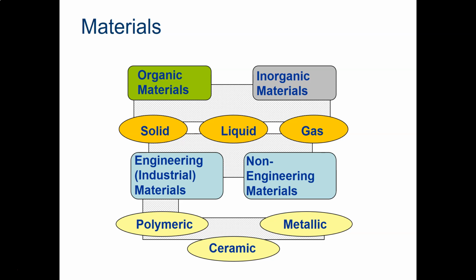Let's think about organic. This can be traced back to living organisms or parts of living organisms, things like coal or petroleum, wood, and wool. Or inorganic, non-living ores and earth elements such as copper, gold, aluminum, glass, and even cement.